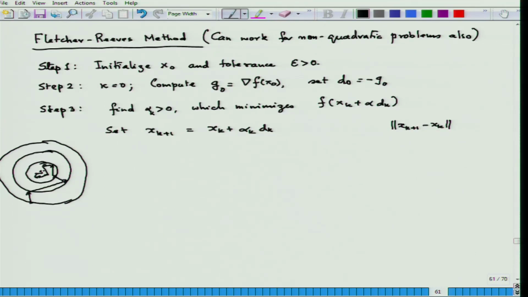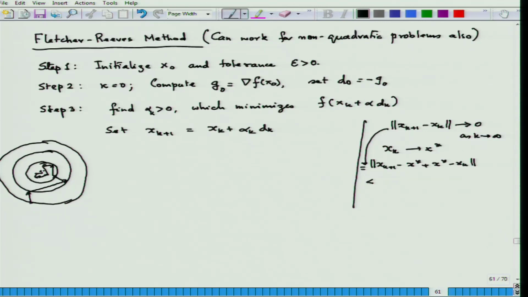Let me also give you an explanation. If your iteration is actually taking you to the solution, then this is what should happen: if x k is going to the solution x star, then I can write x k plus 1 minus x star as x k plus 1 minus x k plus x k minus x star, and the norm of this is less than or equal to the norm of x k plus 1 minus x k plus the norm of x k minus x star, and this whole thing now goes to 0.